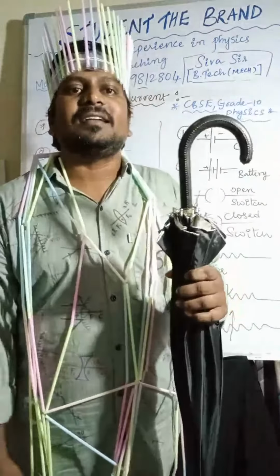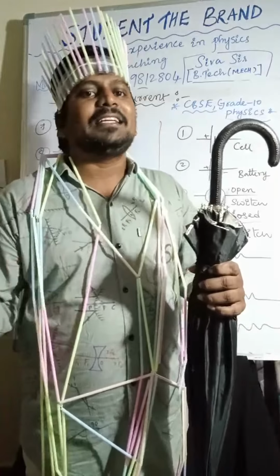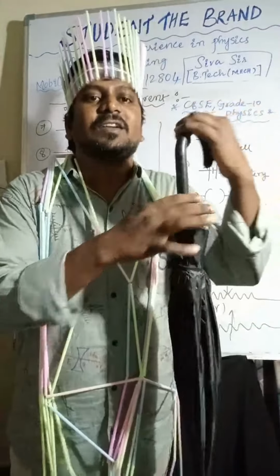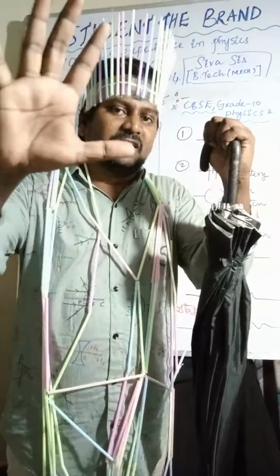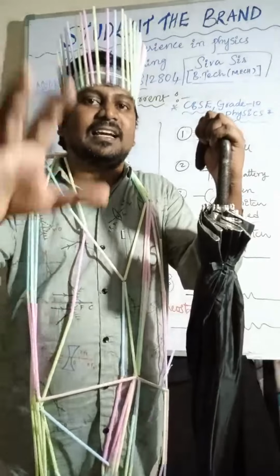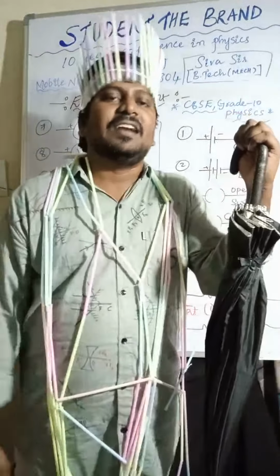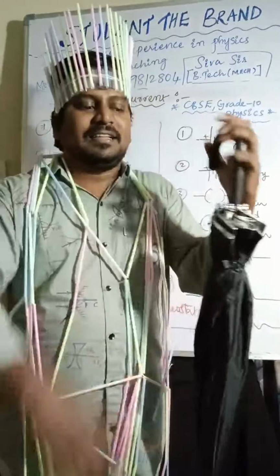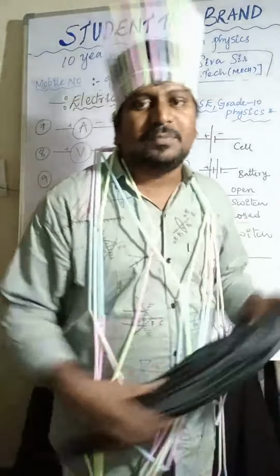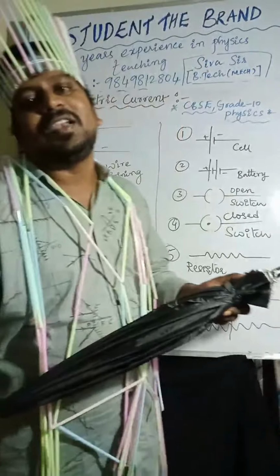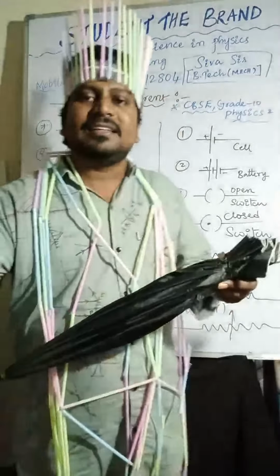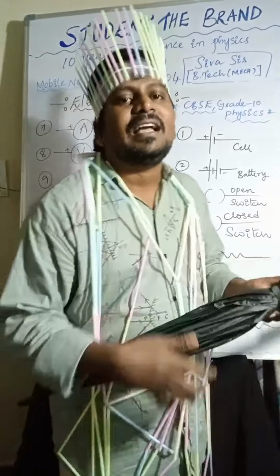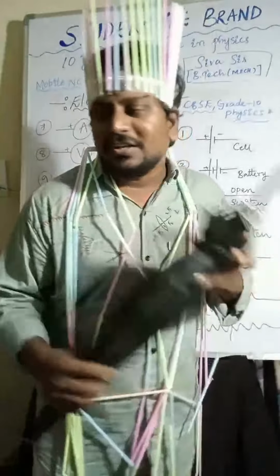Electrical circuit is nothing but a continuous and closed path of an electric current, which is known as an electric circuit. So this is about an electric circuit.